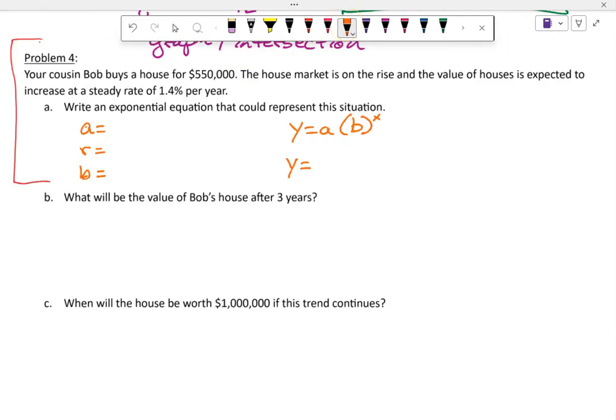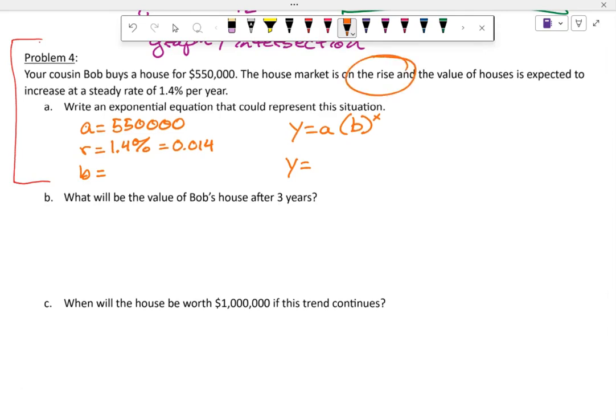Okay, what would be our A? What's our initial amount, guys? What's our R? What's the R, guys? 1.4. What is that as a decimal? 0.014. So what's our B? Are we doing 1 plus that or 1 minus that? Why 1 plus?